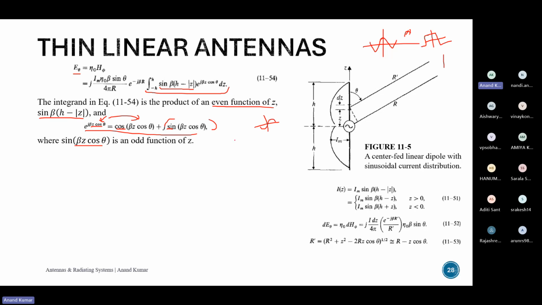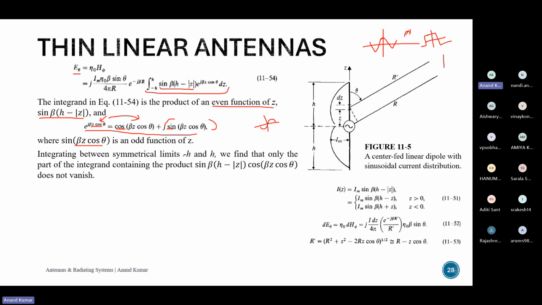So this is an odd function, and now we are integrating it between the symmetrical limits of h and minus h. So this integration is from minus h to h. We know that if it is an odd function like this, this area will negate this area, and we end up with 0.